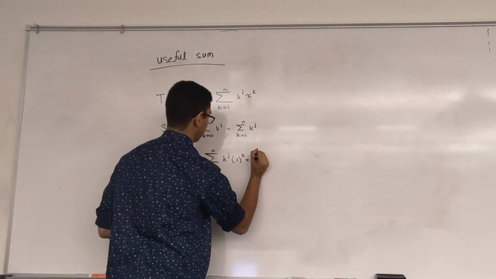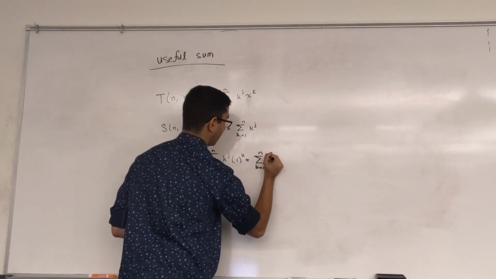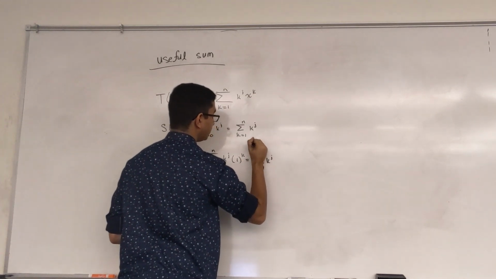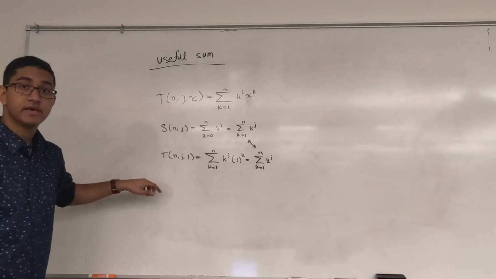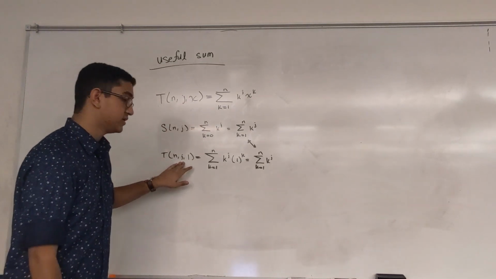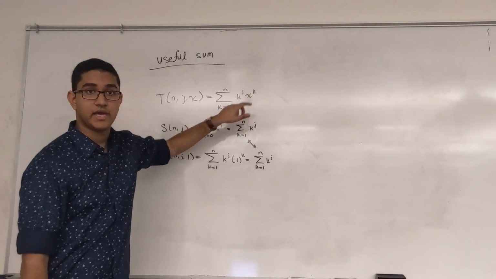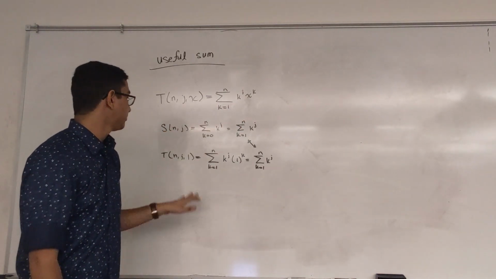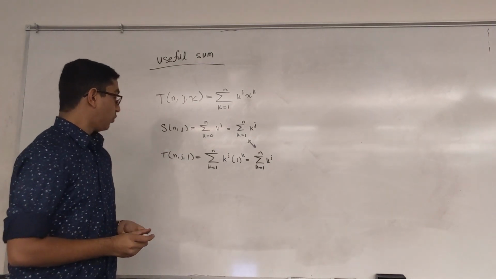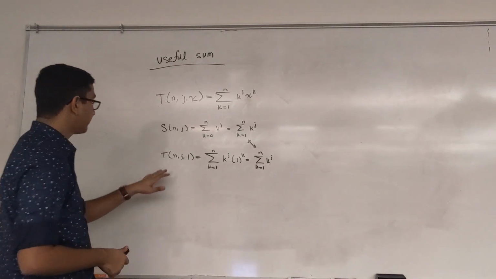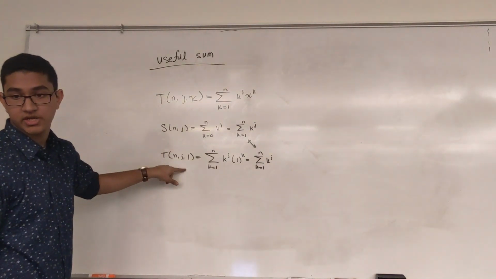So this is simply k equal to 1 to n of k to the j. So these two are actually equivalent. So you can say that S of n comma j is the same as T of n comma j comma 1, because we're only introducing this one x to the k component here, which we can remove if x is 1.